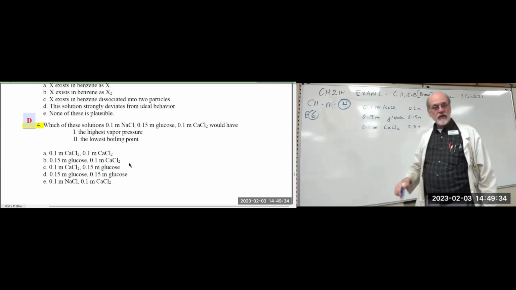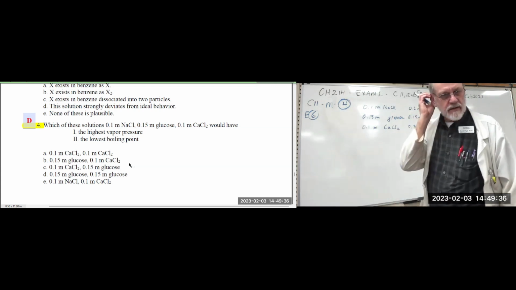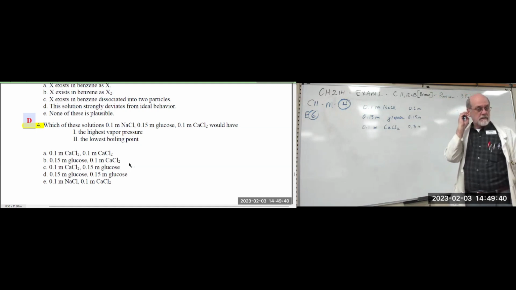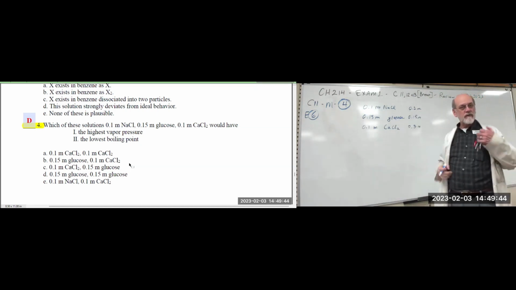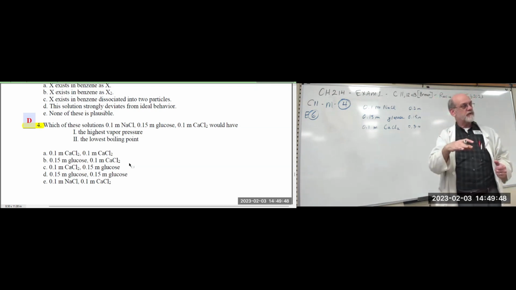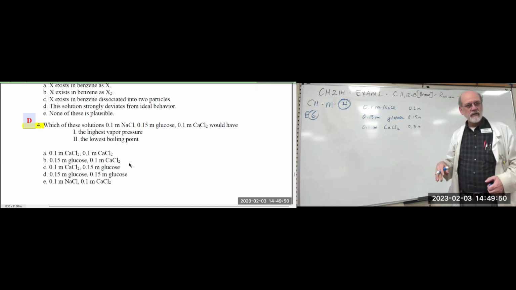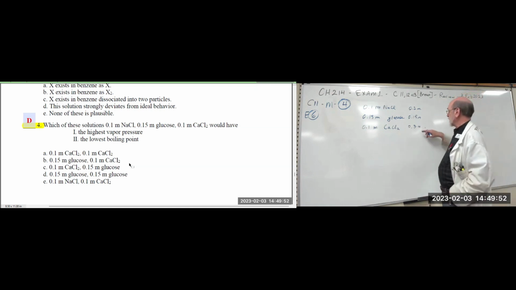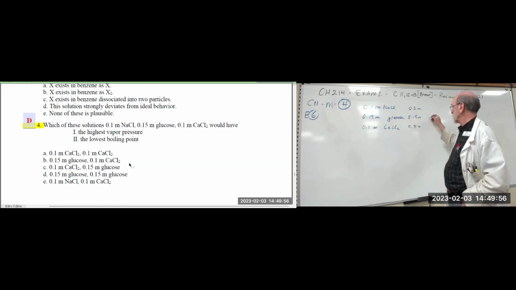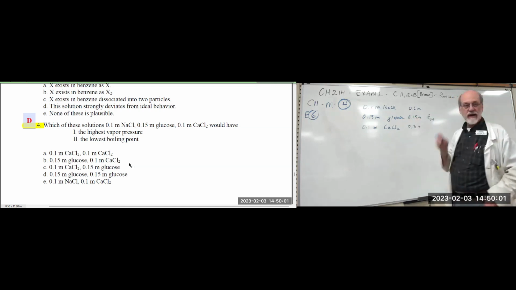So the higher concentration is going to have the lowest vapor pressure. Once you start putting non-volatile things into a solution, it decreases the vapor pressure of the solvent. So the lowest vapor pressure would be this one. The highest vapor pressure would be glucose.